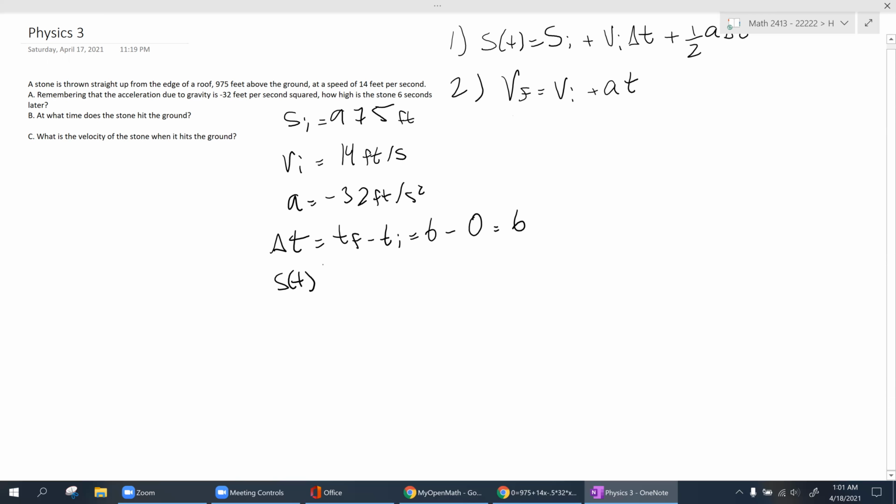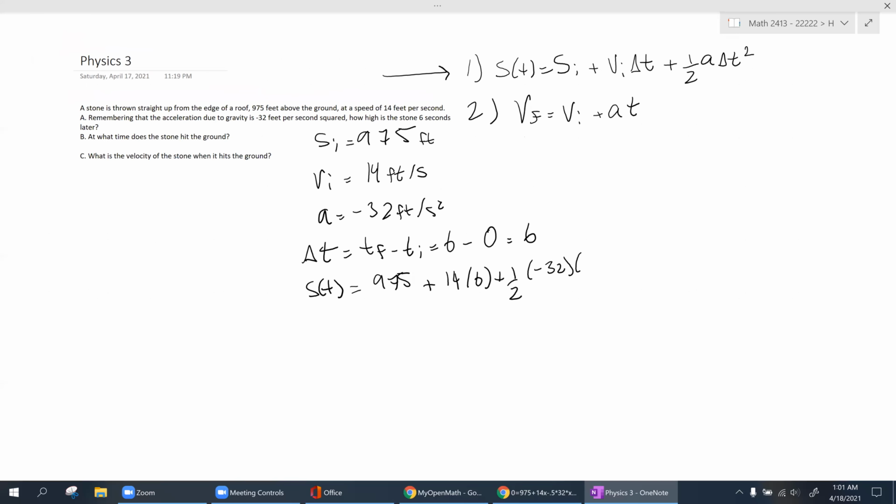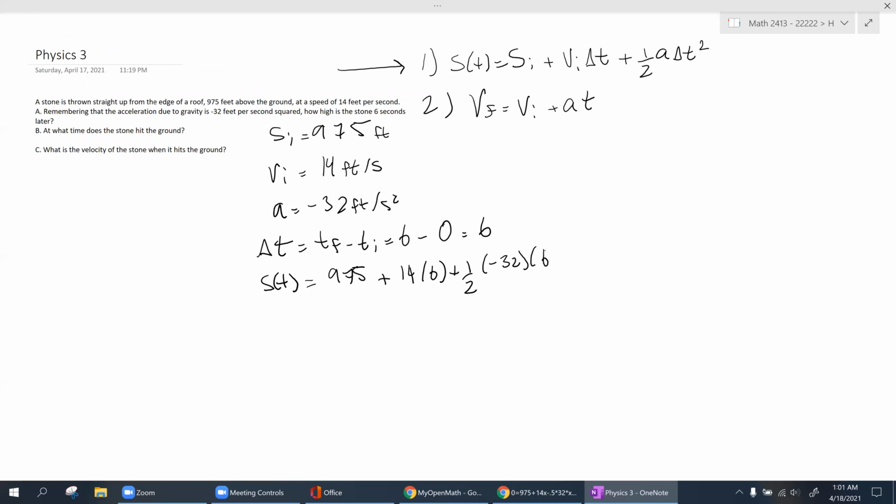Let's go ahead and use the first formula. Initial position is 975 plus initial velocity, which is 14 times 6 seconds, plus 1 over 2 times acceleration, which is negative 32 times time squared.